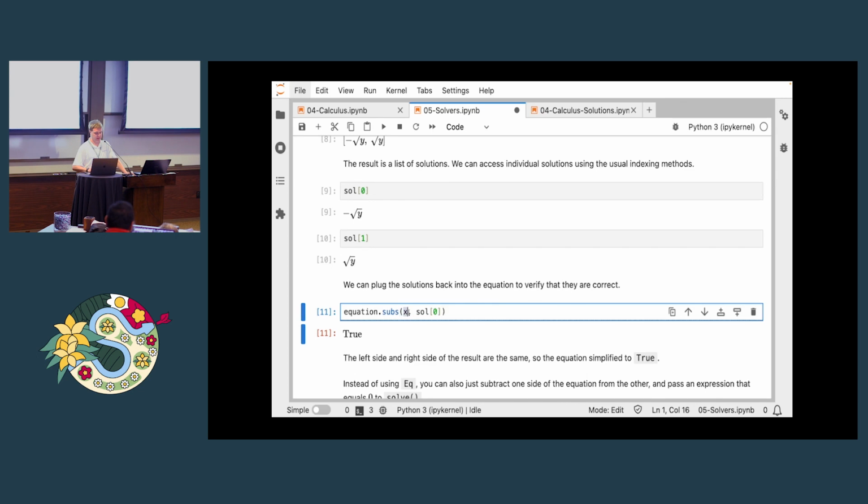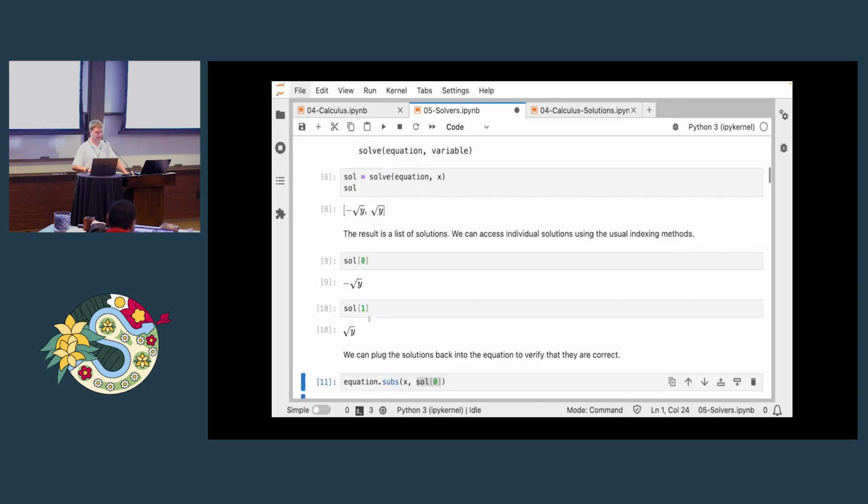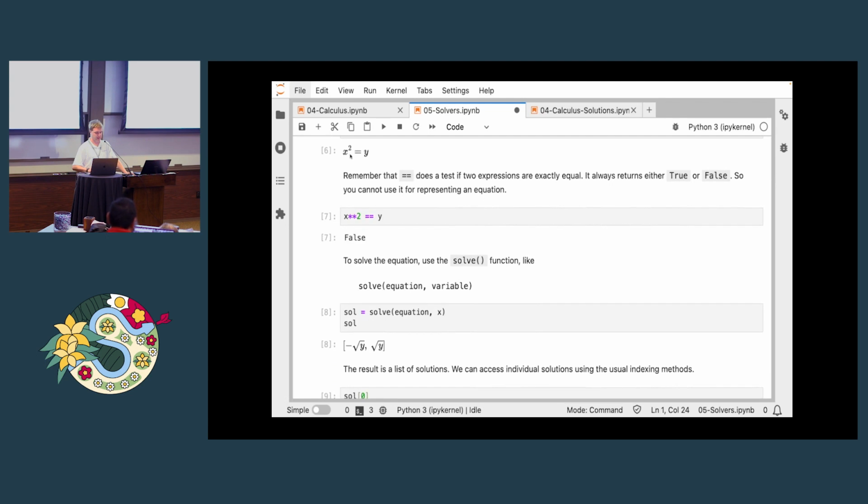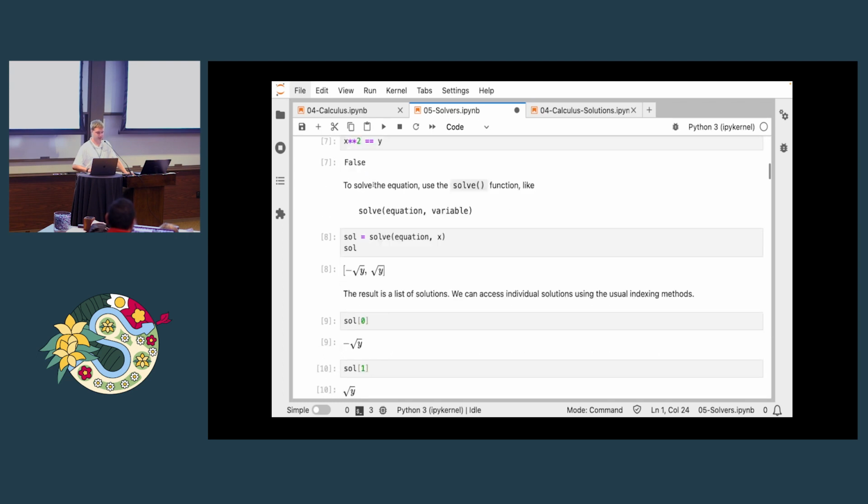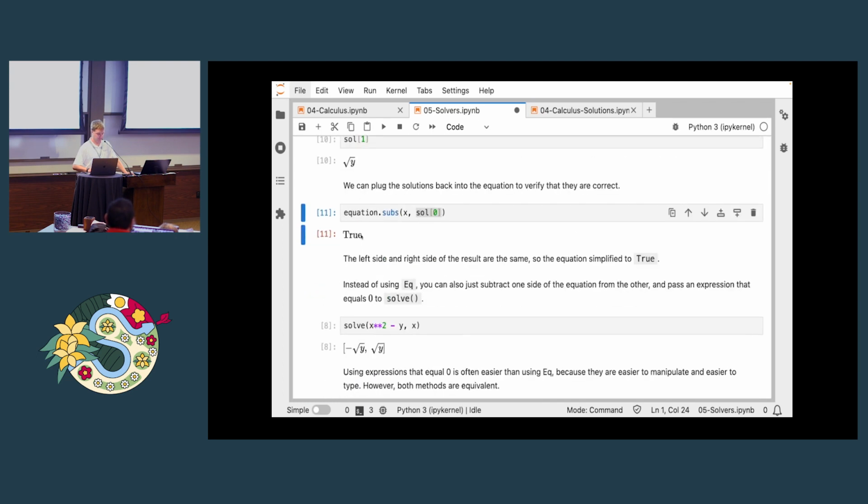So substitute x with, say, this first solution. Since this is an equation object, when we substitute it in, ideally the left side is the same thing as the right side. That's why this is just evaluating to true.